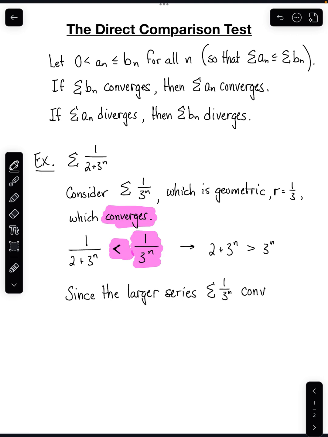And since the larger series converges, it sort of forces the smaller series to converge. Again, this is something akin to what we saw in the proof of the integral test.